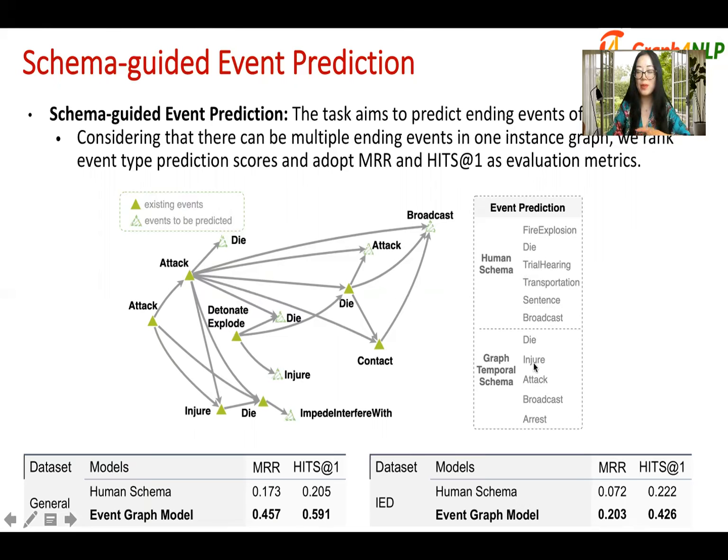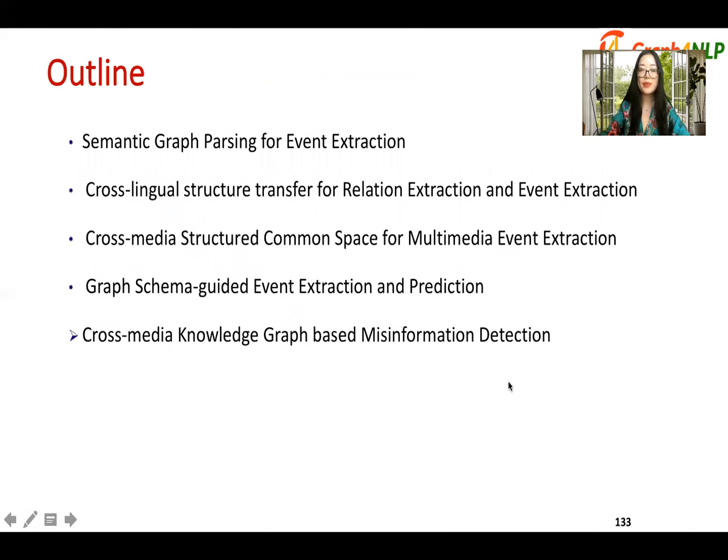But our model successfully predicted events like die and injure. Another advantage is that because it's a probabilistic model, we can produce multiple hypotheses, so it can have a higher coverage. So you can see the prediction accuracy is much higher than the human schema-based model.